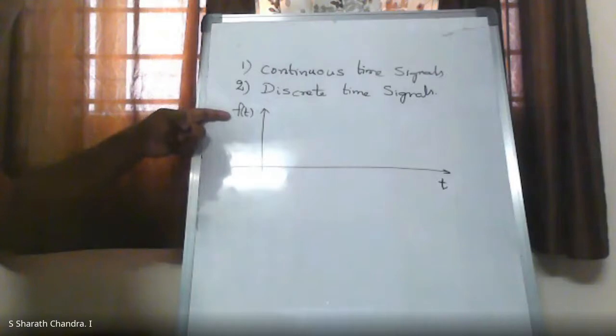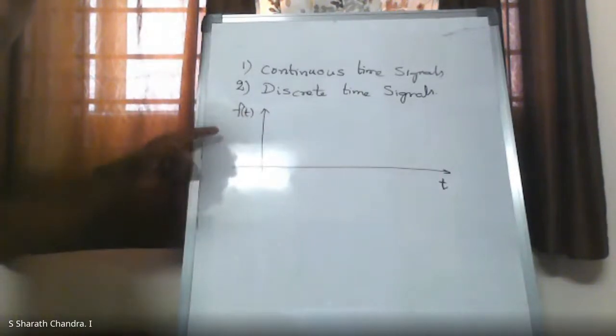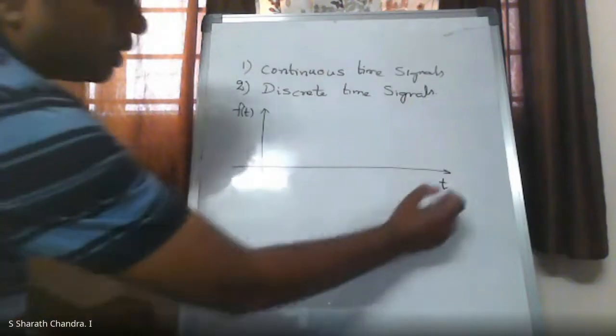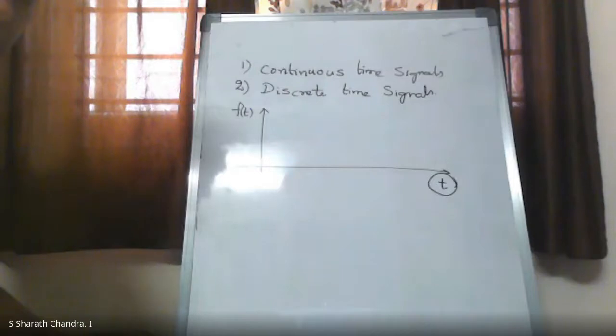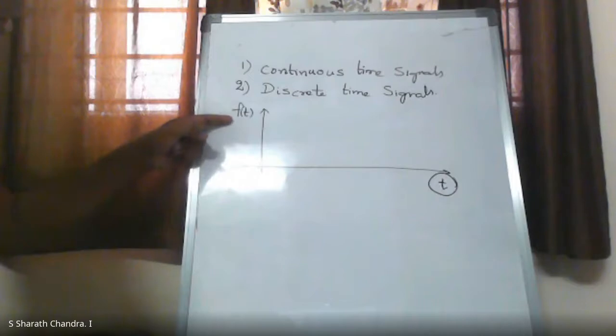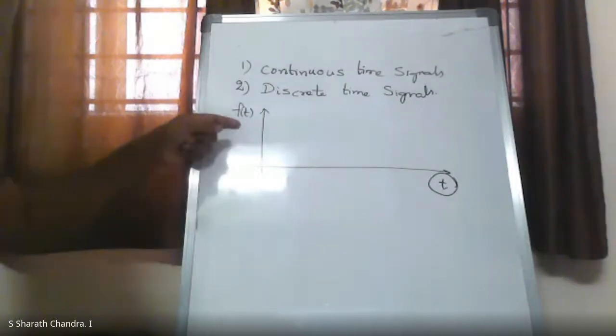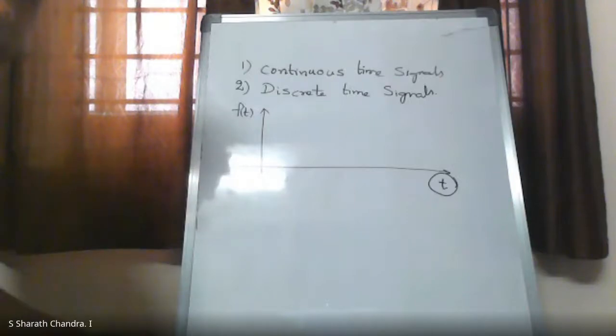This function is defined continuously in the time domain. For continuous time signals, the independent variable is time t, and the variation of f of t with respect to t can be represented something like this.